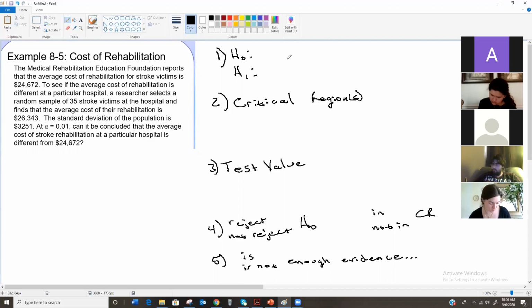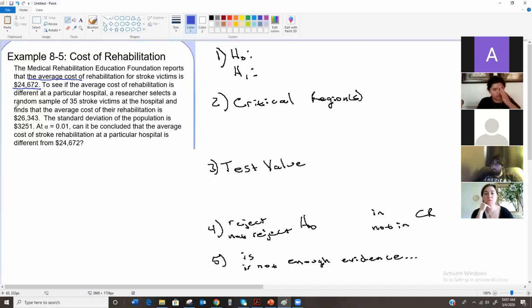Okay, I know you're not all the way done, but let's go ahead and see if what you have done is correct. We'll get going on it together. So in this one, we're talking about rehab at different hospitals. Some of the key things: the average cost of rehab is $24,672.